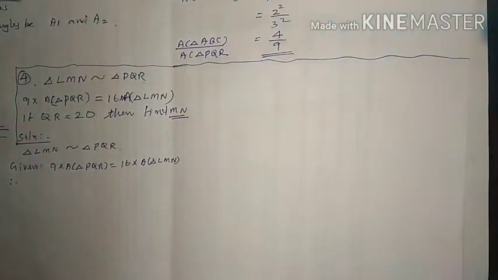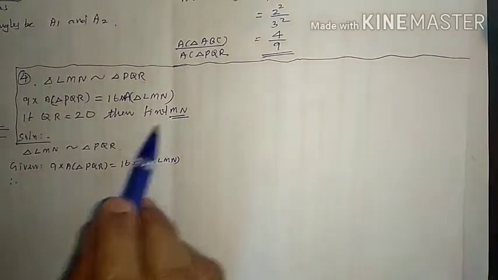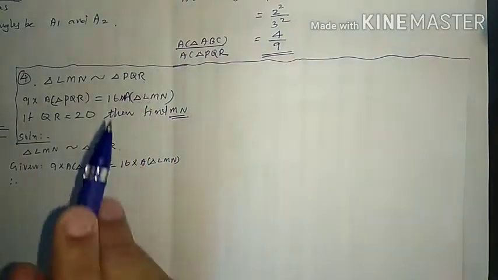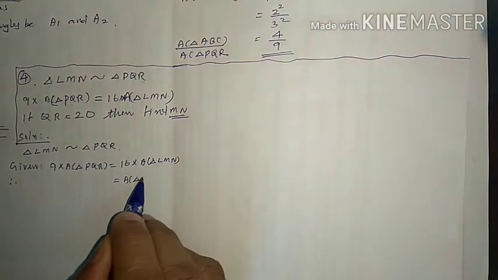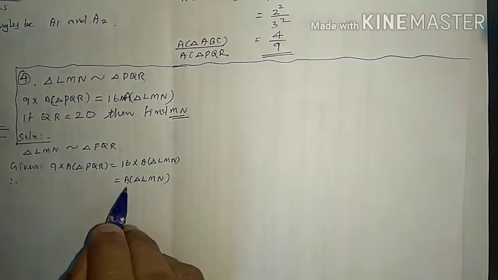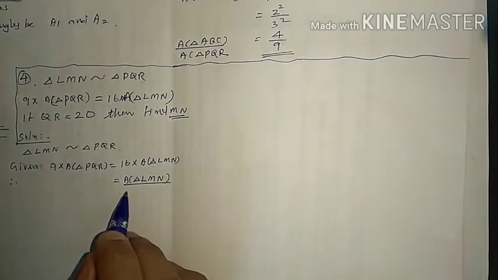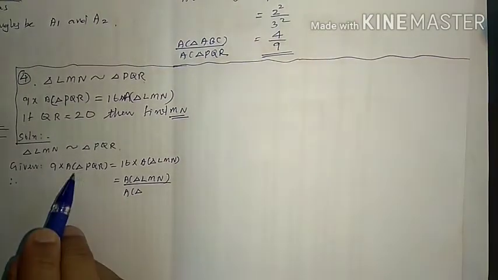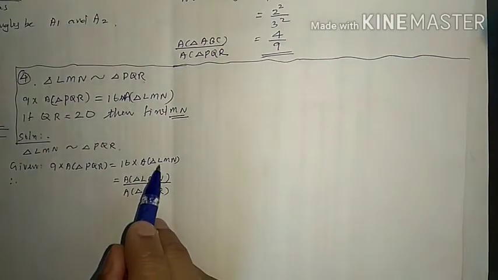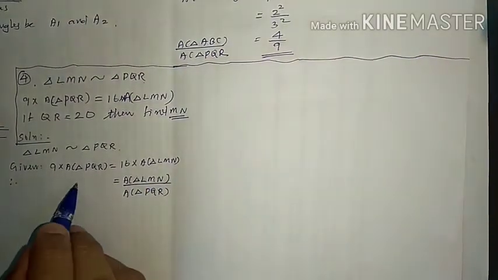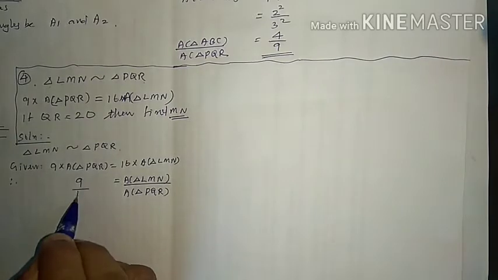Therefore, we are considering triangle LMN, so we keep these triangles in the numerator. That is area of triangle LMN upon area of triangle PQR, because this is in the numerator, so this 9 is in the numerator here upon the 16.